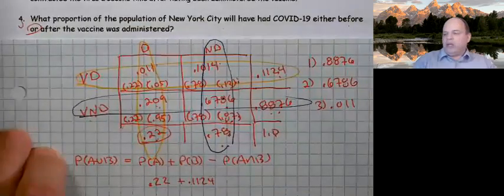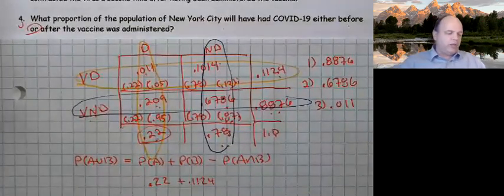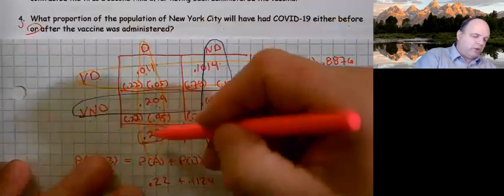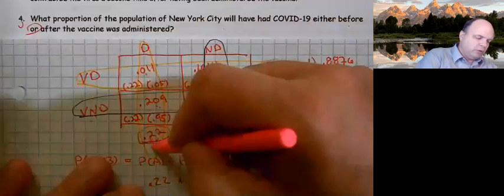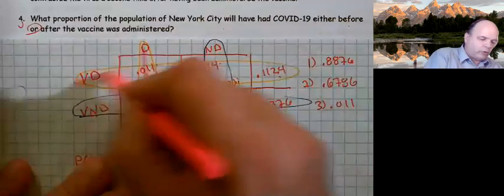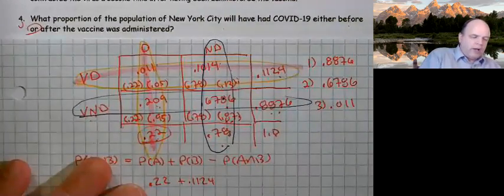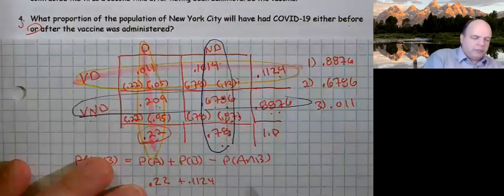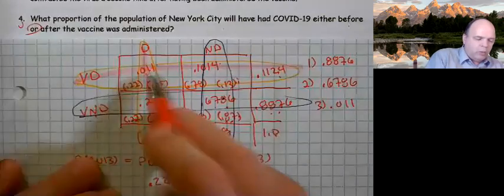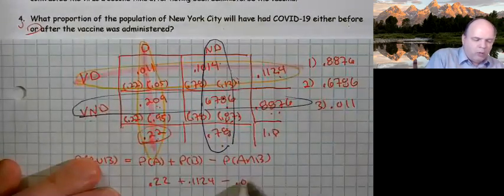0.1124. Well, in that case, I still need to work with the intersection. The intersection is where the two cross, and we see that it crosses at 0.011, so minus 0.011.